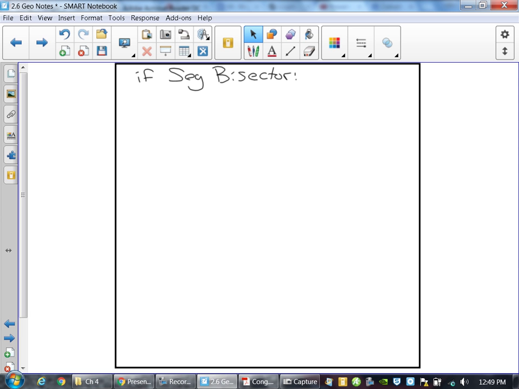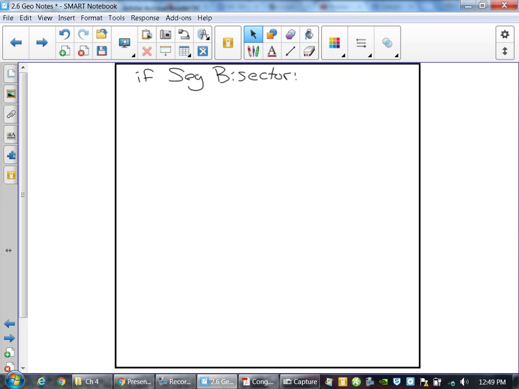Remember, a segment bisector is anything that intersects a segment at a midpoint. So a segment bisector could be a point, a line, a ray, a segment, could be anything. So basically it does the exact same thing. The only difference is that instead of being a definition of a midpoint, we'll say it's a definition of a segment bisector. A segment bisector creates two congruent segments.